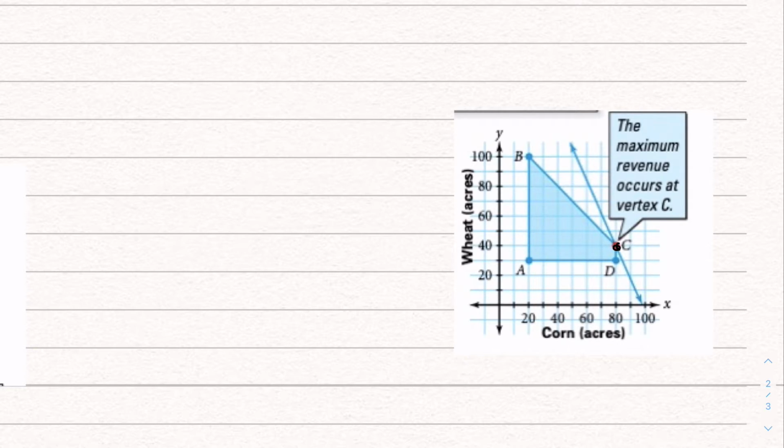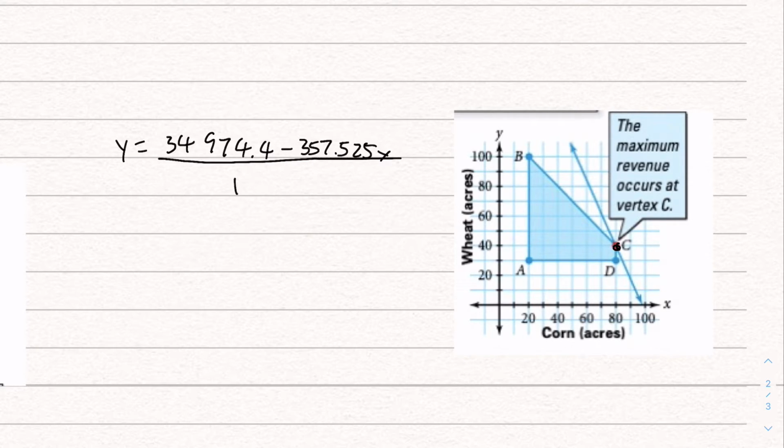And for the equation above, write the equation as y is equal to (34,974.4 minus 357.525x) over 159.31. Then you can graph it along the boundaries of the feasible region.